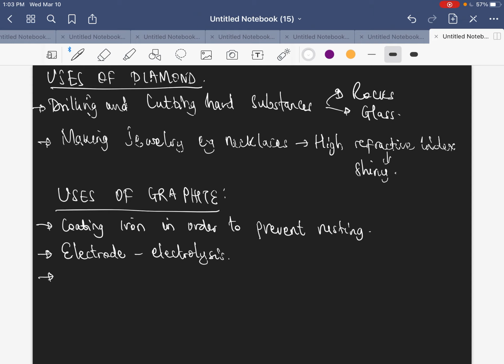Next, it can be used in making pencil leads because it is slippery and can easily leave marks on paper. And lastly, it can be used as a lubricant in electric motors because it is soft and oily.